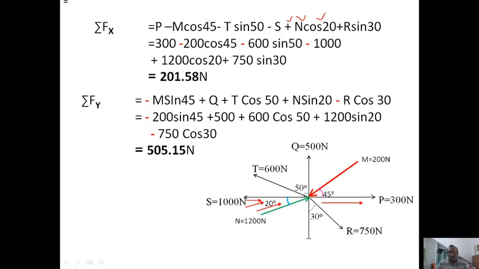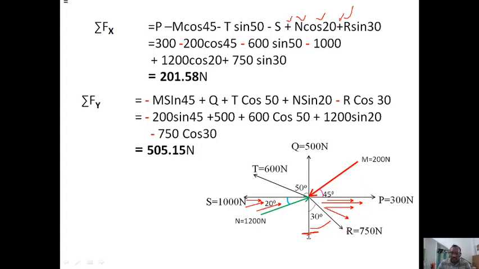Similarly, for r, it is also traveling towards the positive x-axis. You see, the arrows will come like this when I am going to close towards the x-axis. So it is also on the positive side, right? Hence I am taking r as positive, and this angle is with respect to the y-axis, but not with respect to the x-axis.